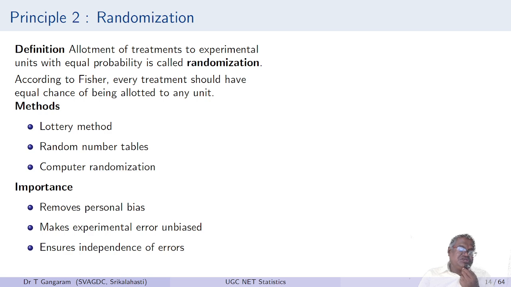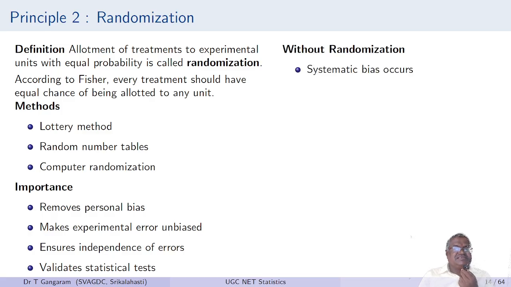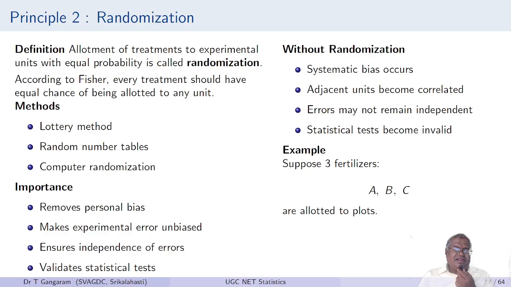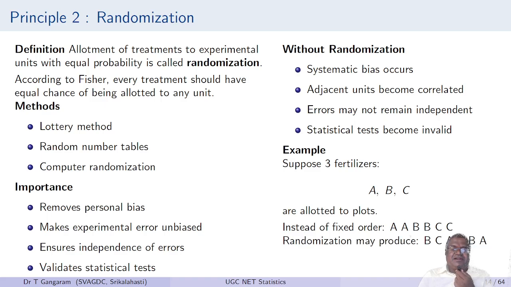Randomization ensures independence of errors and validates statistical tests. Without randomization, systematic bias occurs, adjacent units become correlated, errors may not remain independent, and statistical tests become not valid. Suppose we have 3 fertilizers A, B, C. If we allot the plots A, A, B, B, C, C, it is not a random allotment.